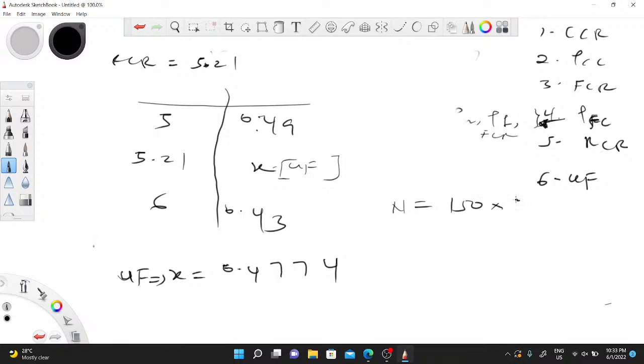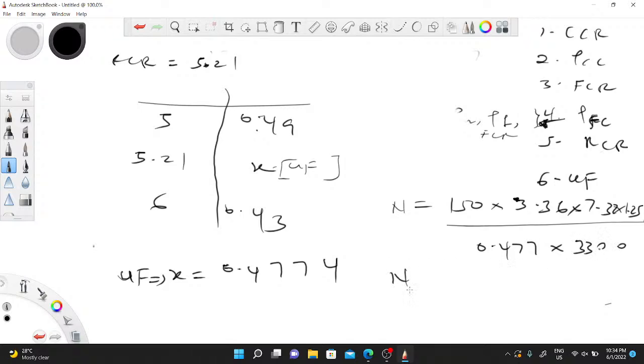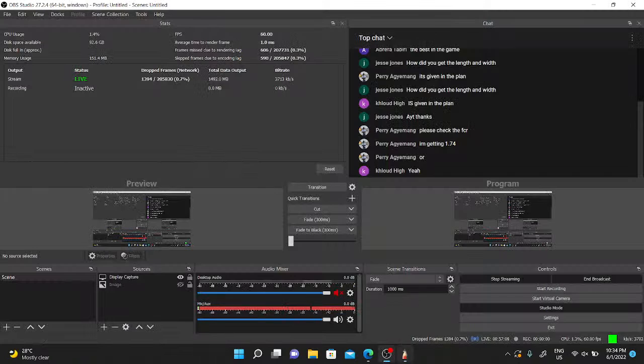The area of the common hall is 3.36 by 7.32, then times MF 1.25 all over UF 0.477 times 3300. The number of lamps will therefore give us 2.9, which I will approximate as 3 because I want high illumination.